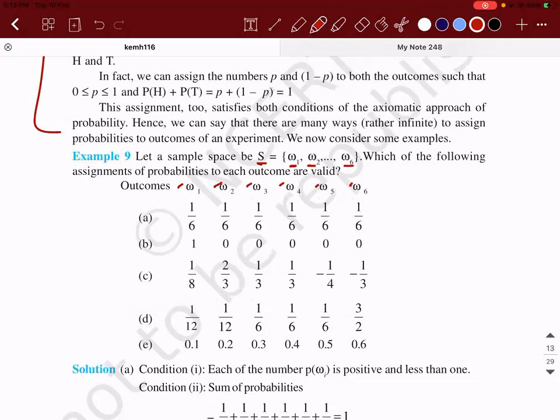Then the probability of each singleton should be a number greater than or equal to 0 and less than or equal to 1. Is this condition satisfied in the first assignment? Everything is 1 by 6. Similarly, the sum of all the probabilities of omega i should be equal to 1. So 1 by 6 added to itself 6 times gives you 1. So is this valid or not?